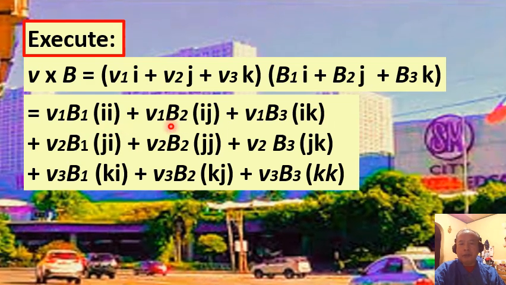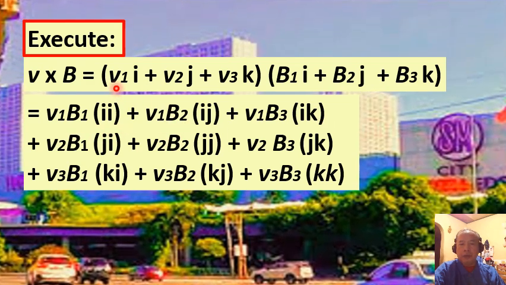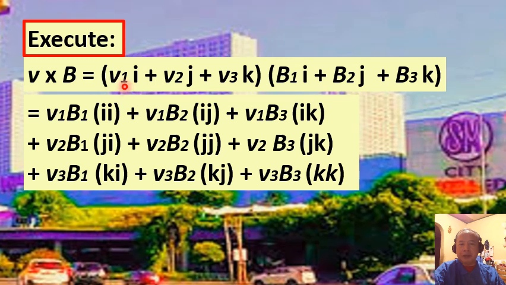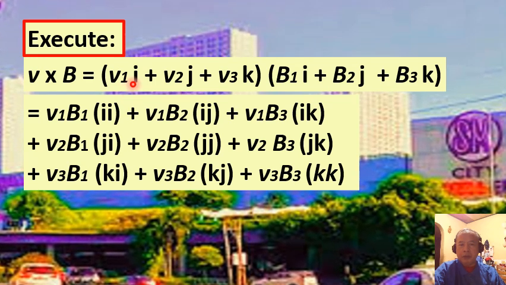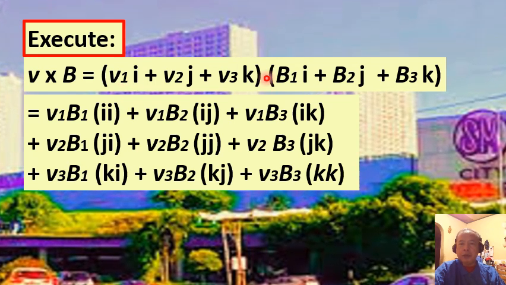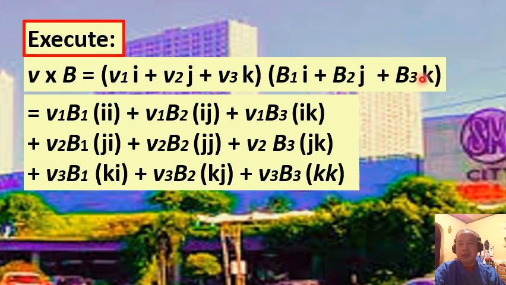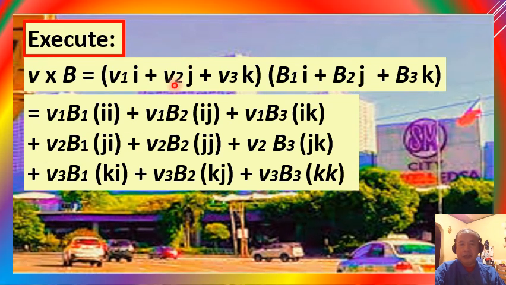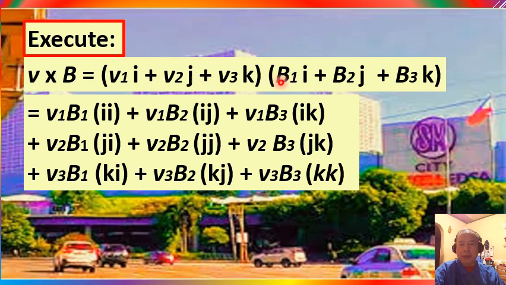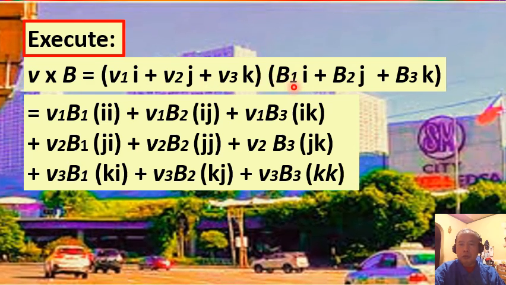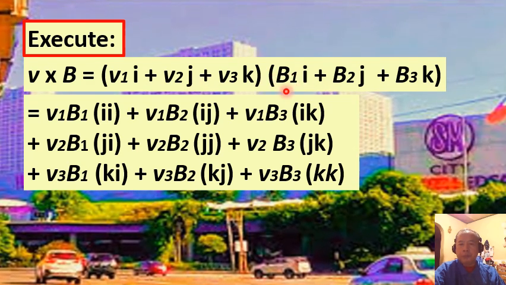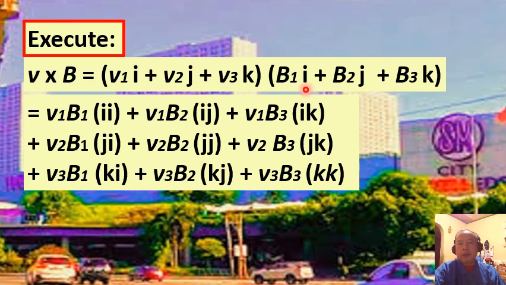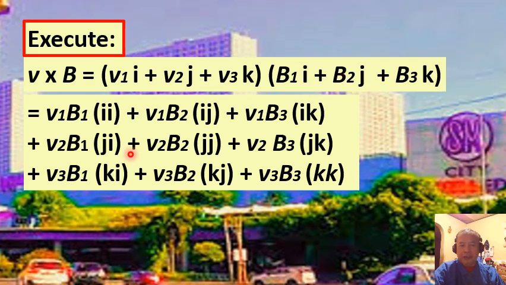All right? So this is the first layer when v1 i is multiplied to each of these terms. The second layer is when v2 j is multiplied to the magnetic field components, right?